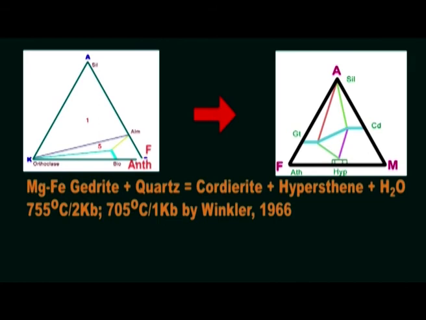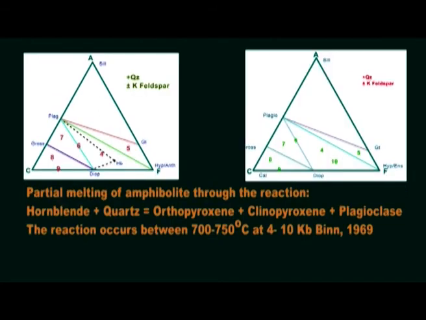The reaction was carried out by Winkler 1966. Partial melting of amphibolite through the reaction hornblende plus quartz give rise to orthopyroxene plus clinopyroxene plus plagioclase. The reaction occurred between 700 to 750 degrees centigrade at 4 to 10 kilobar by Bean in 1969.